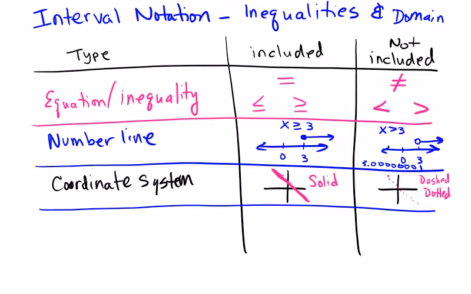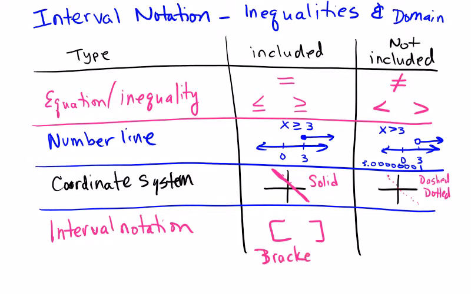Now what we're talking about is interval notation. With interval notation, when we are including our values, that means we're going to have a bracket. When we are not including the values, we have parentheses.